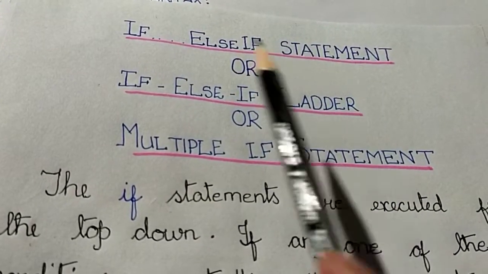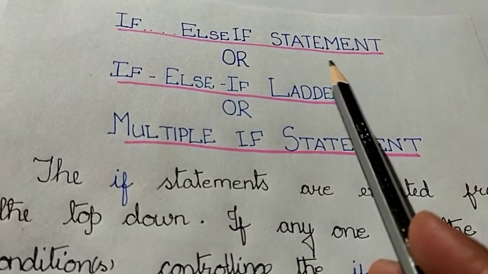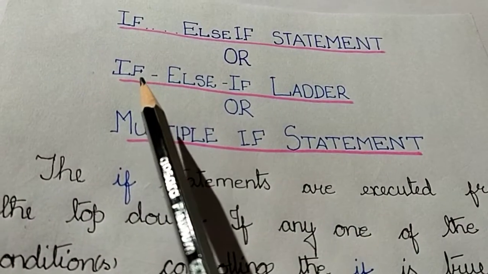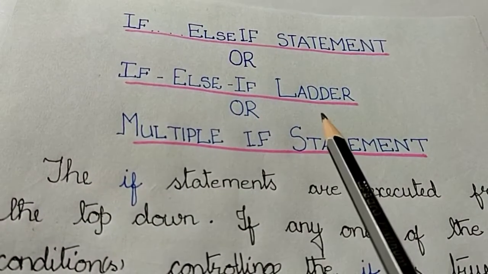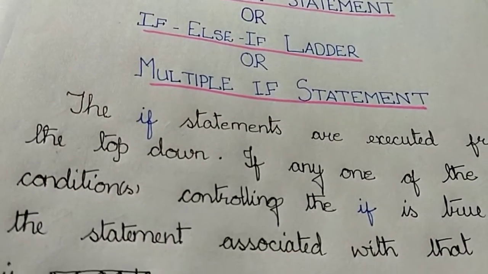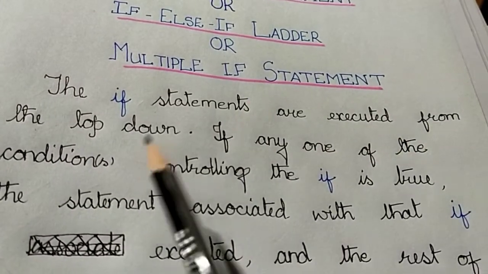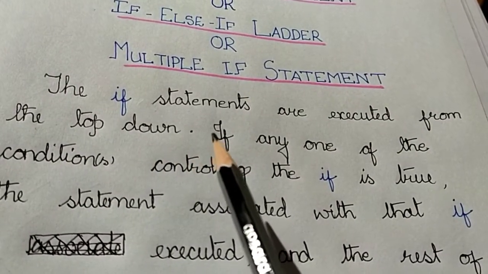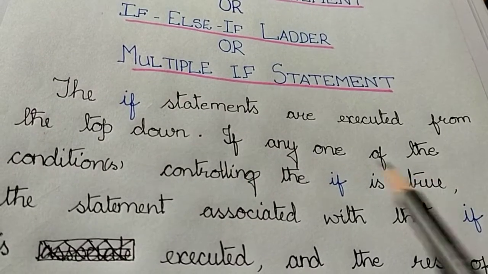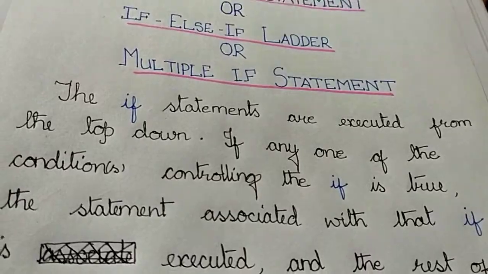The multiple if statement is also known as the if else if statement, or they call it the if else if ladder, or the multiple if statement. So what happens? The if statements are executed from the top down, if any one of the conditions controlling the if is true.